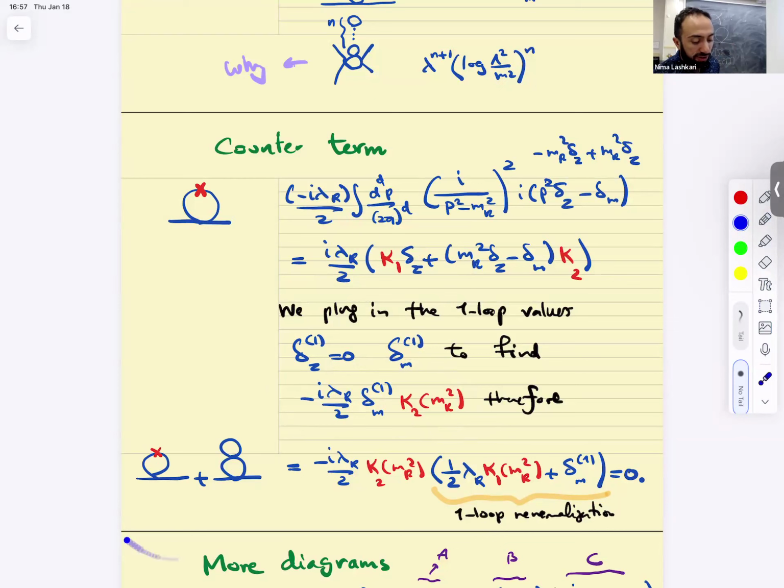You just add these two terms, and you find that the two-loop diagram plus the counterterm is minus i lambda_R squared K2 times the parentheses. But what's in parentheses is precisely what we canceled in the one-loop renormalization. So you get 0.